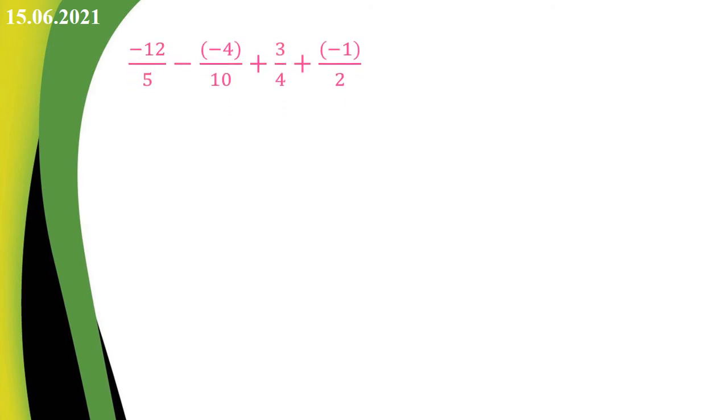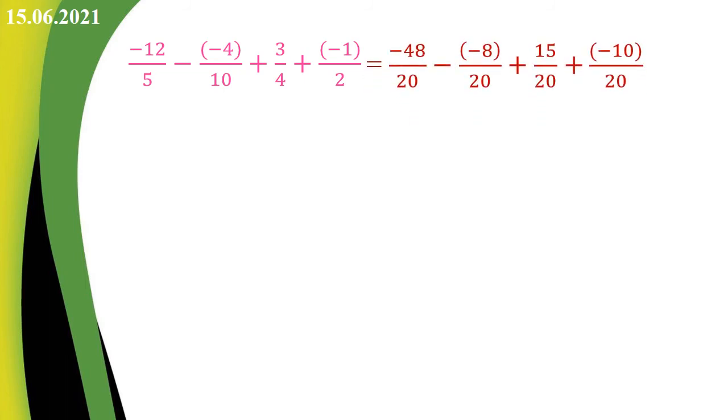Minus 12 by 5 minus 4 by 10 plus 3 by 4 plus minus 1 by 2. Now substitute the value. Minus 48 by 20 minus 8 by 20 plus 15 by 20 plus minus 10 by 20. We get minus 48 plus 8 plus 15 minus 10 by, take 20 as common.